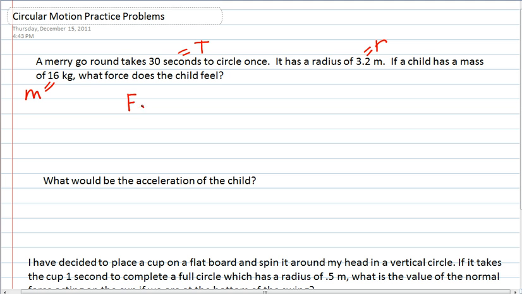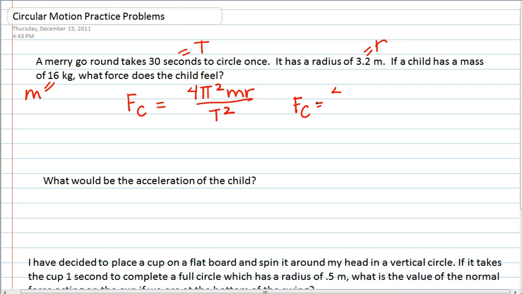So we're simply going to say, all right, we know what is going to be the net force on the child, and that will be our centripetal force. Our equation for that is 4 pi squared mr all over t squared. So let's plug in the variables that we have.